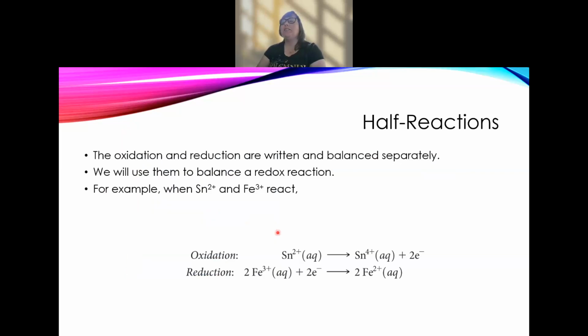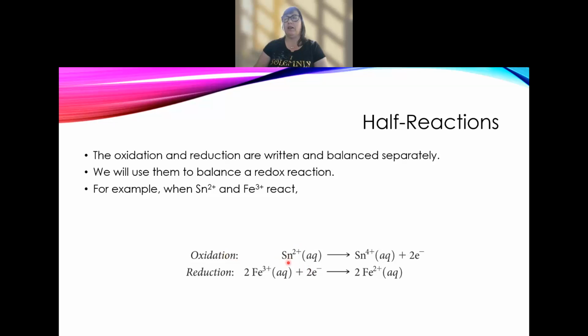Okay. Now, let's talk about one other thing. The way that we do balancing for these things is by what we call the half reaction method. So we take this oxidation and this reduction. We have one species that loses electrons and one species that gains electrons. And so we effectively have two reactions going on.